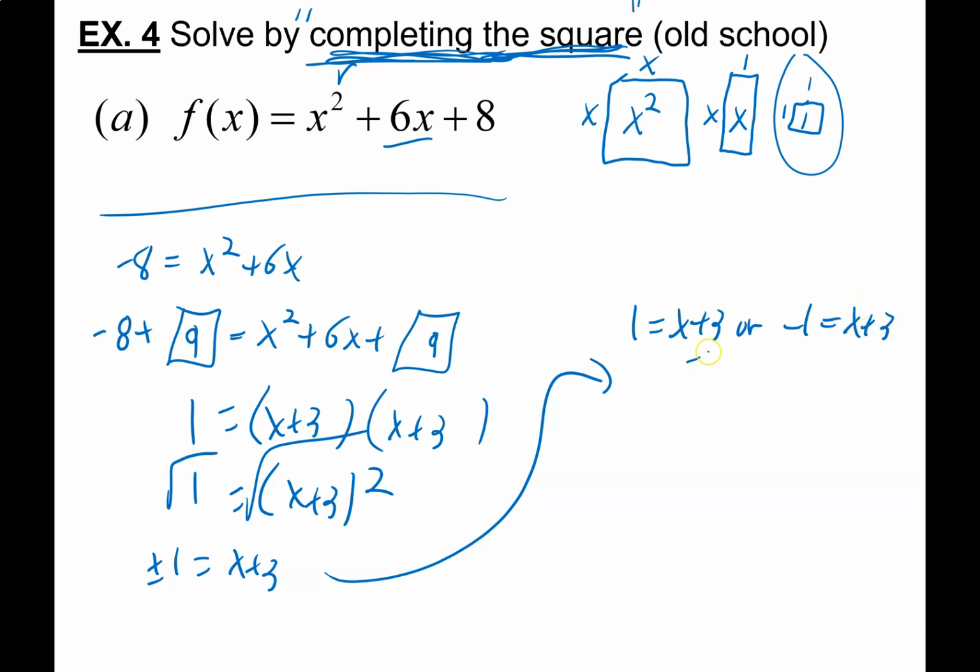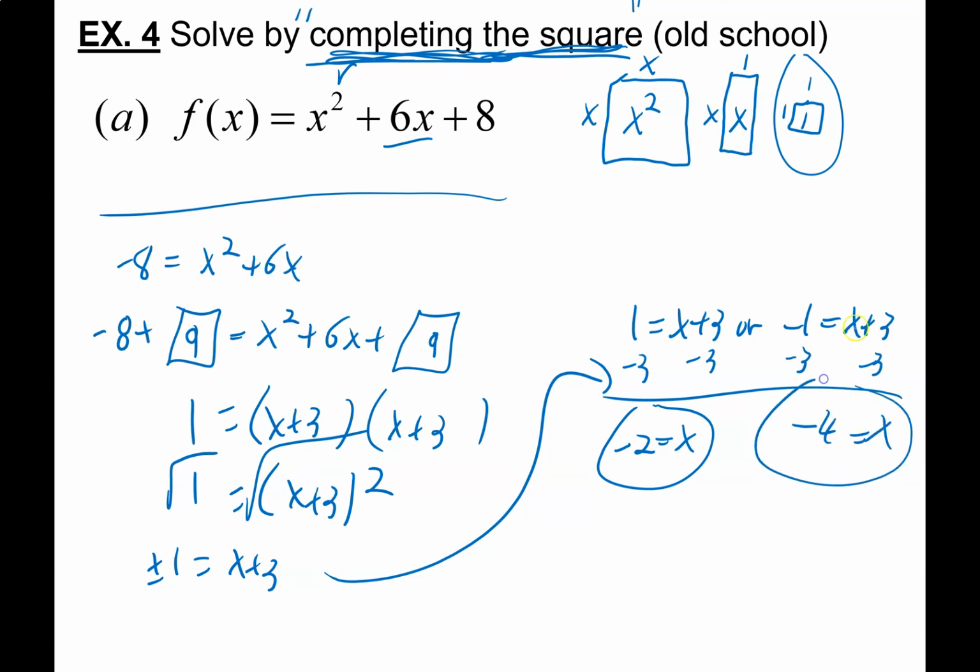And then you subtract. And I'm going to get negative 2. And I'm going to get negative 4. That's completing the square.